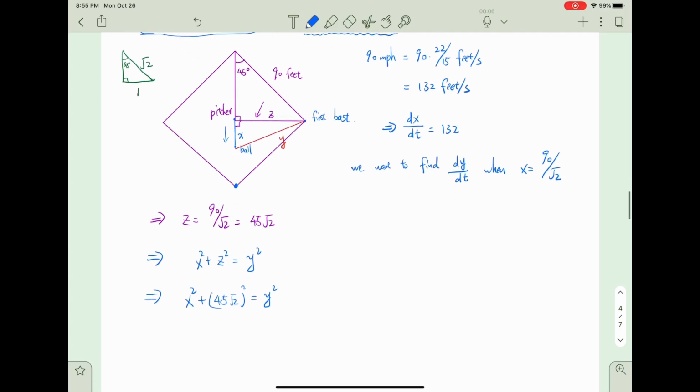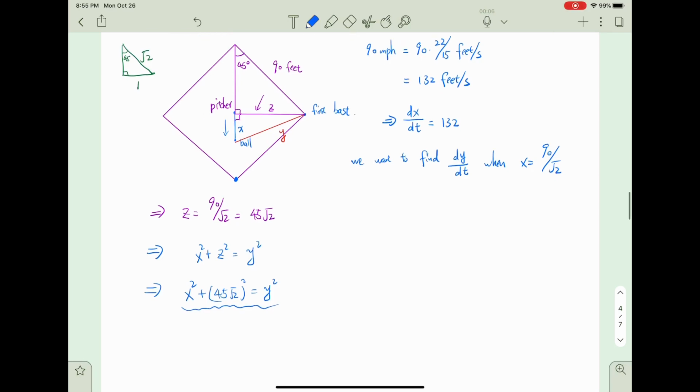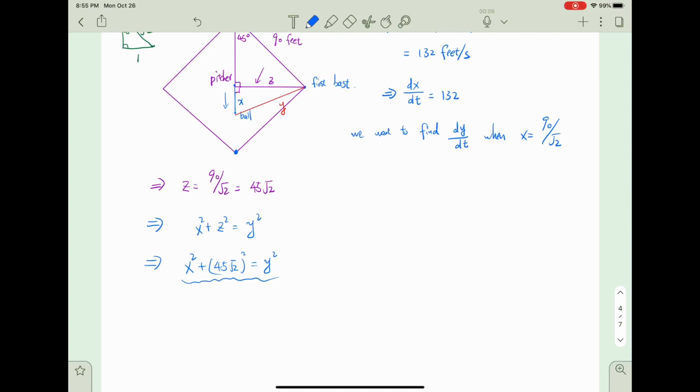Okay, from the equation we had just now, we can take the derivative with respect to t to figure out the relation between dx/dt and dy/dt. So let's apply implicit differentiation to figure that out.